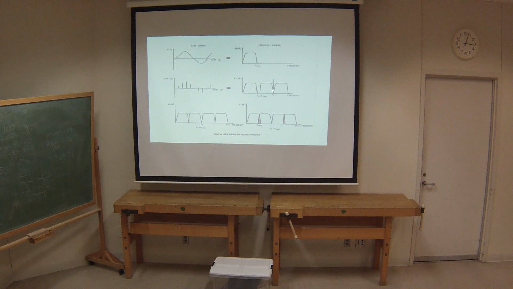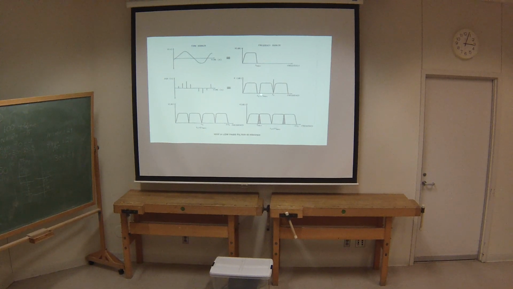If this is our sample clock right here at 44.1 kilohertz, we will develop sidebands, a lower sideband and an upper sideband that will correspond to our maximum frequency plus or minus the clock frequency.